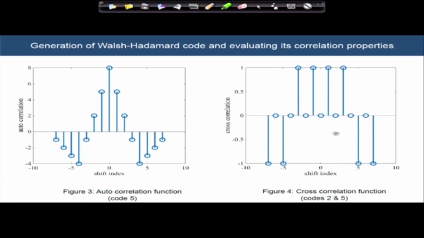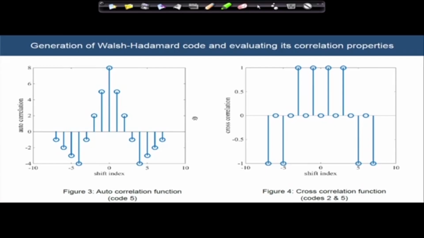However, the features remain the same, and by that I mean that autocorrelation at 0 is equal to the length of the code. Cross correlation at 0 lag again is 0, so those properties remain the same. Also, cross correlation doesn't exceed 1 and -1, as you can see. So these are the peculiar properties of Walsh-Hadamard codes that we in this tutorial tried to understand, implement and plot.